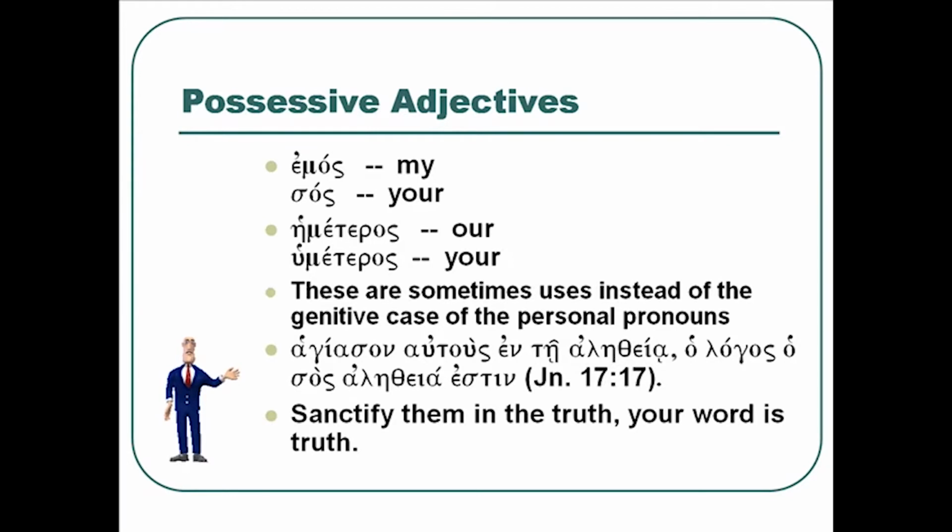And there's our possessive adjective there, your word. A lot of times we would have thought something like ho logos sou, your word, but here it's ho logos ho sos, your word is truth. Great verse. So this just gives us some idea of an alternative way of doing the possessive, using the possessive adjective rather than the personal pronoun.